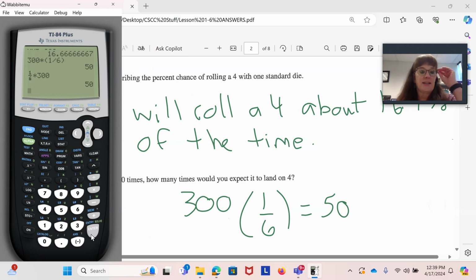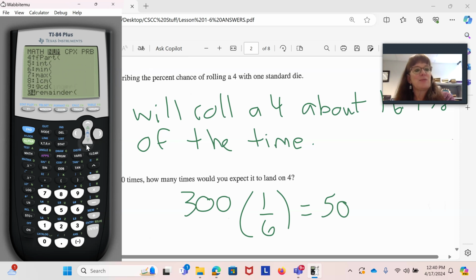The other place you can access this is through the math menu. If I arrow over to the number part and I scroll way down until I find the same fraction buttons, you see all of them showing up here. These are all of our fraction menu, and then I can hit enter on the one that looks like a single fraction, and then it gives me the same stuff again. So it is nice that that's been built in. That's only in the past 5 to 7 years. So if you have an older calculator, it may not have that.